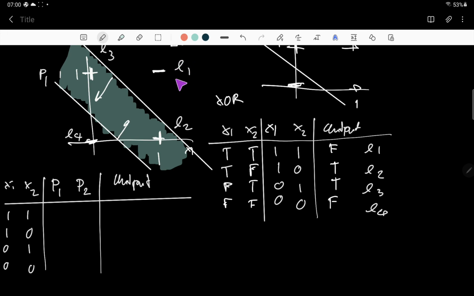For E1 is here, right? For E1, the output of P1, E1 is on this side of P1, so it will be classified as the positive one, right? Okay, so if it is the positive one, I will use P1 to be 1.